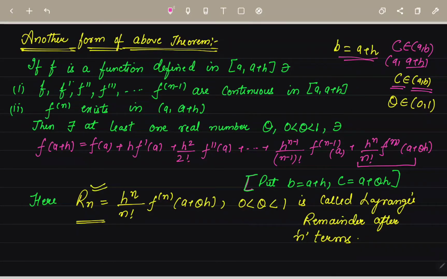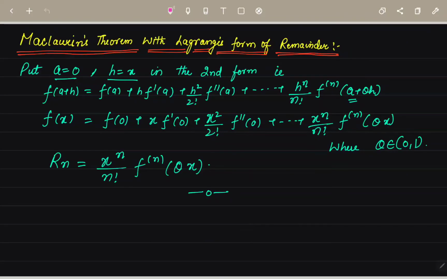Note that when we put a is equal to 0 and h equal to x in this equation, name this as equation b, we get Maclaurin's theorem, the Maclaurin series. So put a is equal to 0 and h is equal to x in the second form.